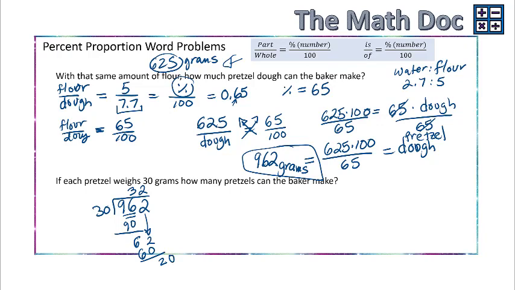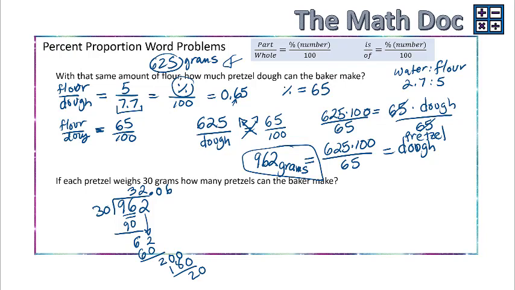We can add a 0, and we'll put in a decimal point, and then we have to add another 0 here because 30 doesn't go into 20. How many times does 30 go into 200? It goes in 6 times. So 6 times 30 is just 180. And again, we're left with 20.